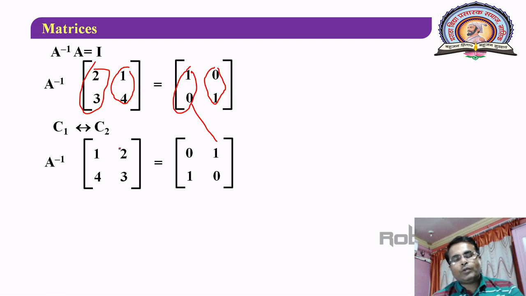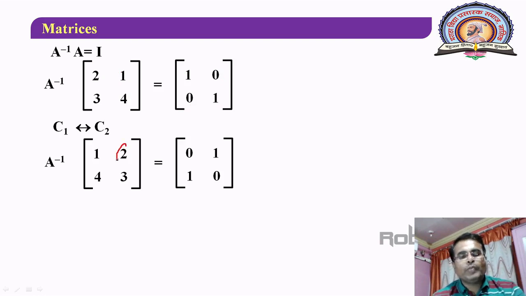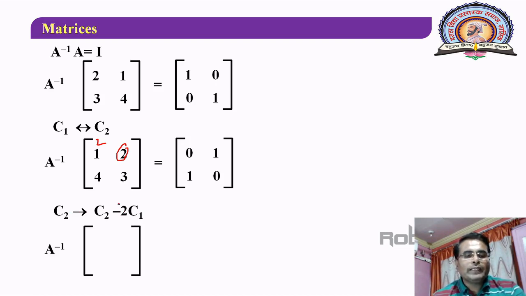In the next step, you have to reduce this element to 0. So if you want to make this element 0, then what to do? To make this 0, you have to multiply this by 2 and then subtract from this. So let us see what the operation is. C2 is taken as C2 minus 2C1. Therefore, what will you get?